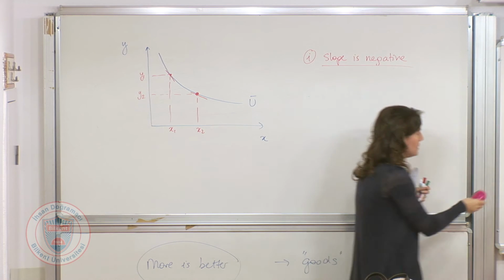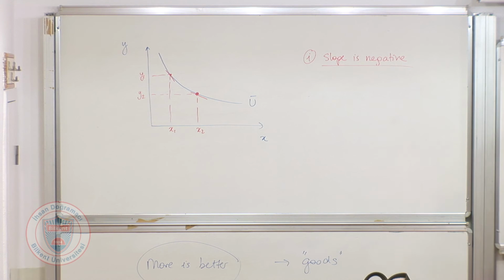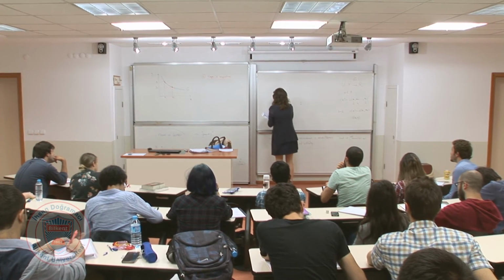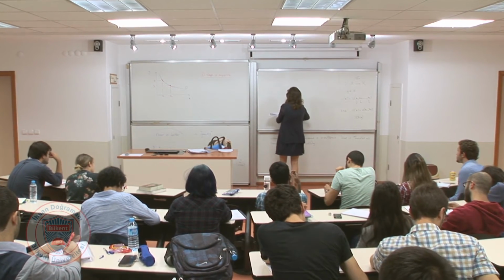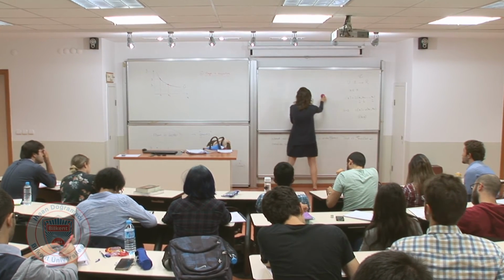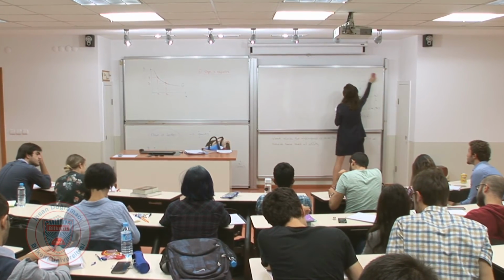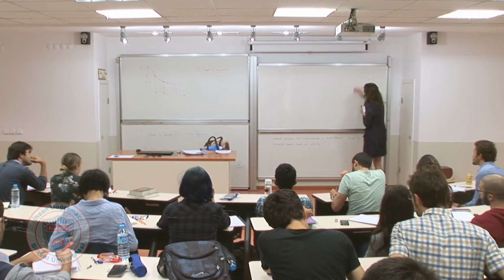This slope has a special name which we call marginal rate of substitution, because it is showing the rate at which you're willing to substitute x for y.